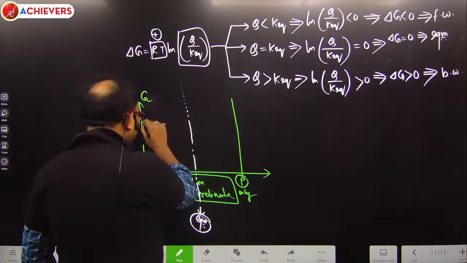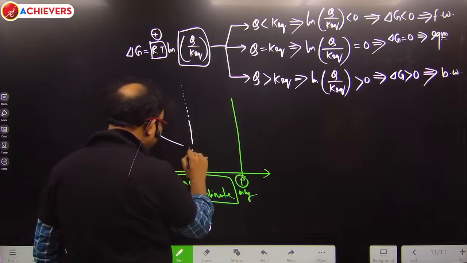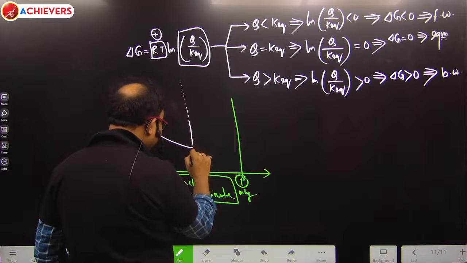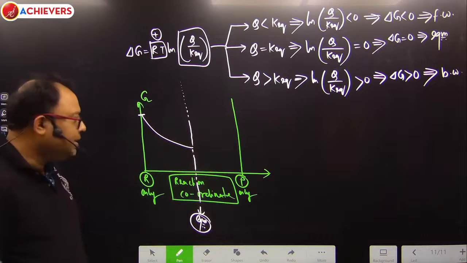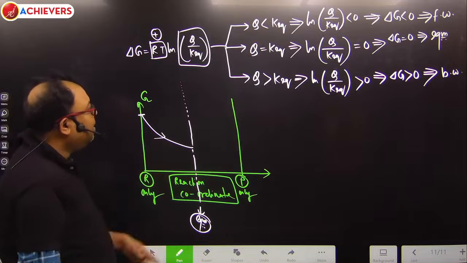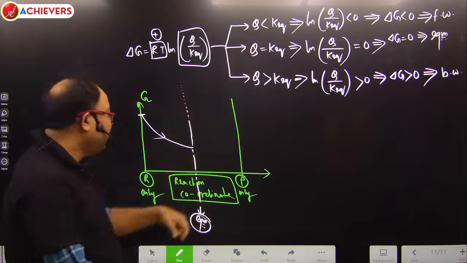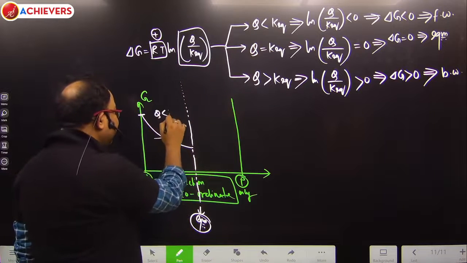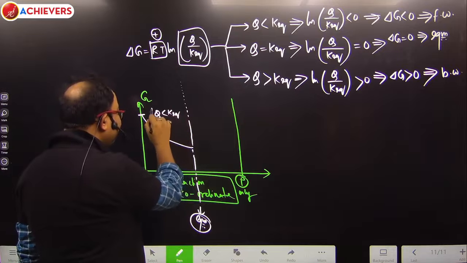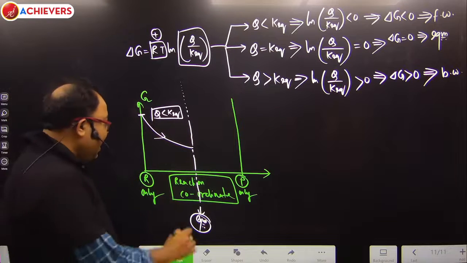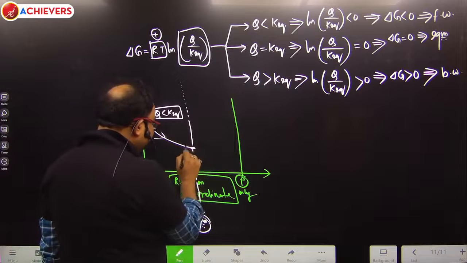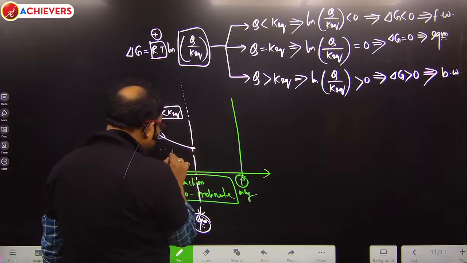So before equilibrium, G is decreasing, delta G is negative, Q is less than KQ. At equilibrium, G is minimized.